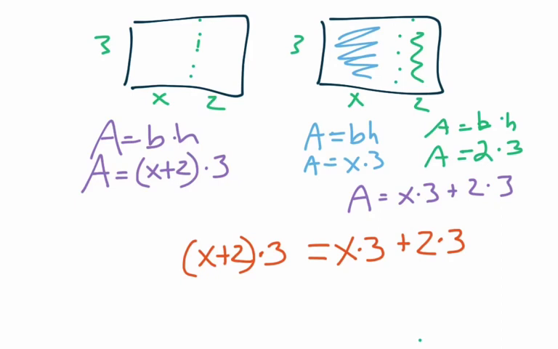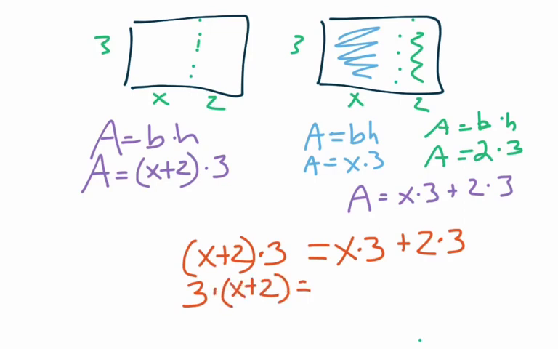Now, this is a very awkward way of writing it. And if you're familiar with the distributive property, you're probably thinking that's a really awkward way of writing it. Usually it's written the other way around. Just when we're talking about bases and heights of rectangles, it's more comfortable to do them horizontally. So normally we'd put the 3 on the other side. We just change the order.